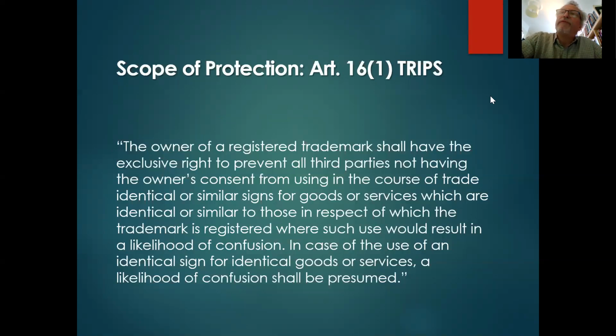Trademarks, where they perform their function, are useful for owners because where there is goodwill in the trademark, it attracts customers to your goods, and also it attracts customers who want to come back again for repeat purchases or consumption.